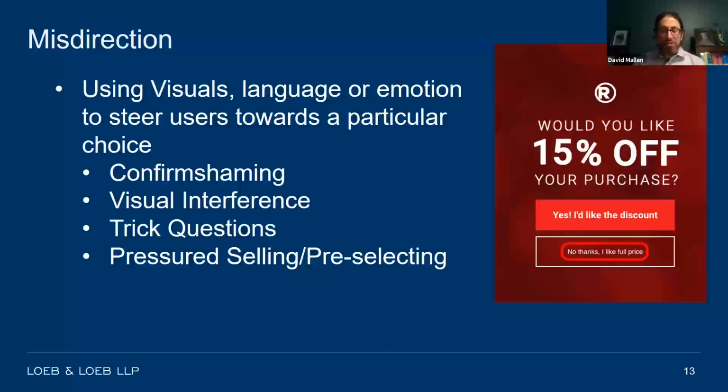So let's take a look also at this issue of misdirection, where we use visuals online or in an interface to steer consumers towards a choice. Confirm shaming is, I guess, the way that they're calling it now. And you've probably encountered it yourself, where you have the red button, yes, I'd like the discount, or no, I want to pay the full price, trying to appeal to a sense of shame, to make you feel stupid for making a particular choice.